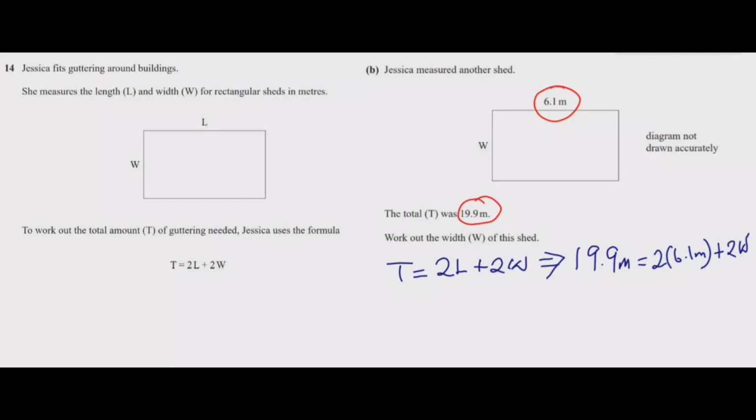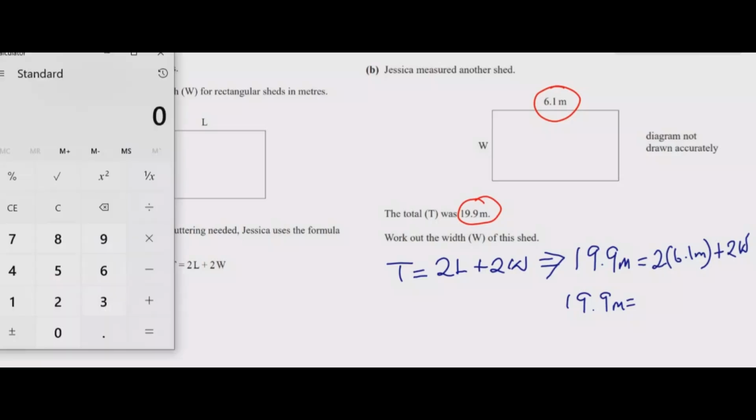Okay, then the next point is 19.9 meters is equal to, so when we multiply, let us use our calculator. When we multiply 2 times 6.1, it will give us 12.2.